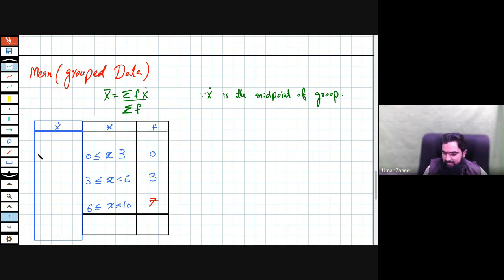How will we find it? Add the values divided by 2. It will be 1.5. Add the 3 plus 6 divided by 2, it will be 4.5. 6 plus 10 divided by 2, that will be 8. Yes, everyone, it is clear how to find the midpoint.